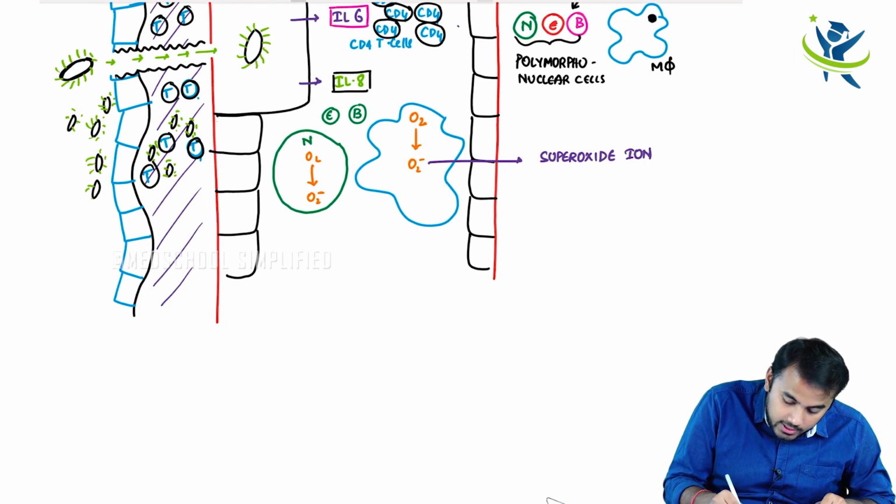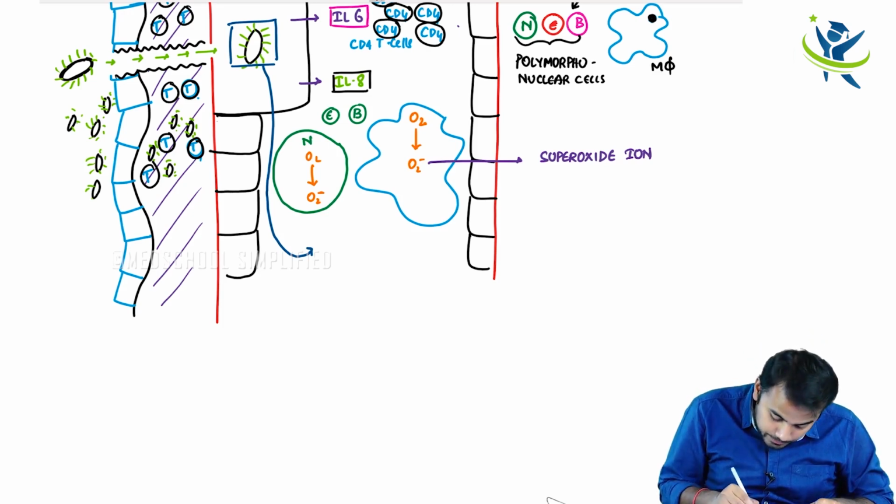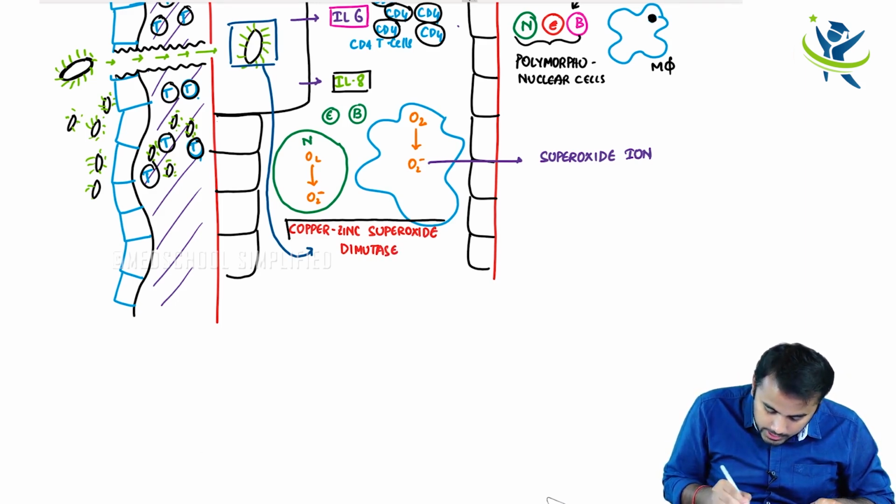Bacteria is so aware that this bacteria releases an enzyme. You know what that enzyme is? That enzyme is copper zinc superoxide dismutase. What is that enzyme? That is copper zinc superoxide dismutase.